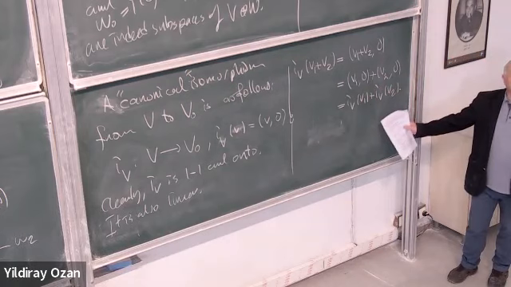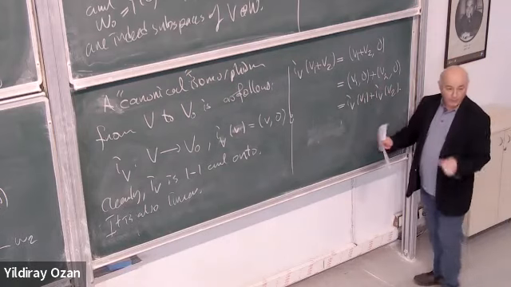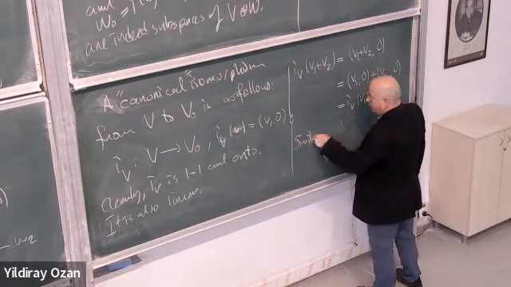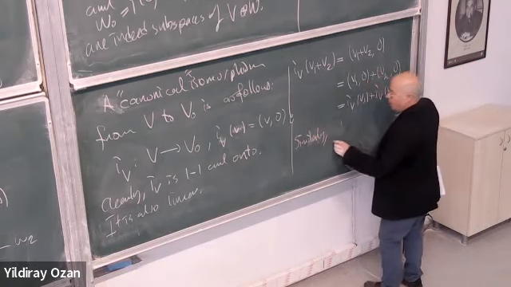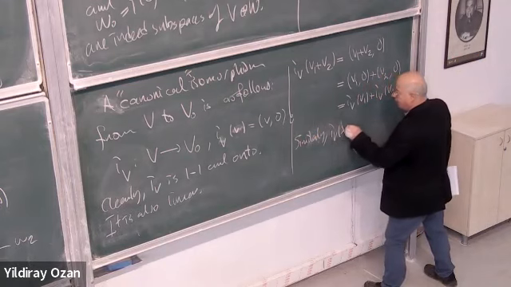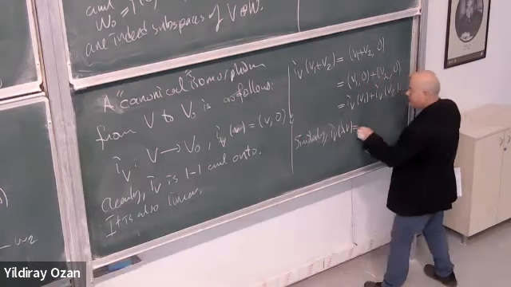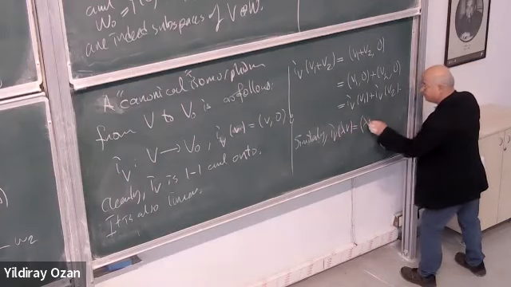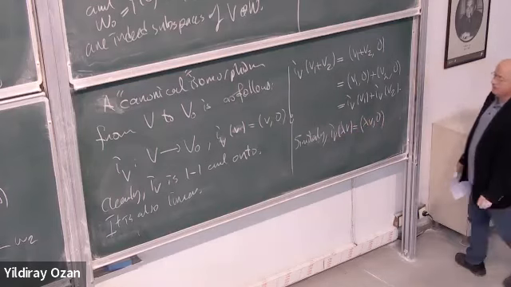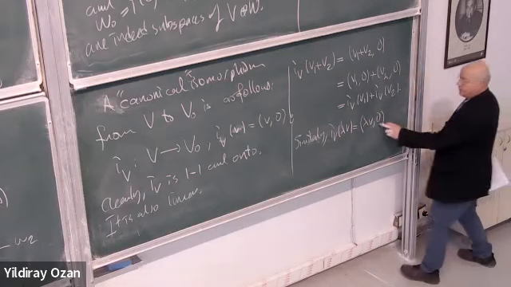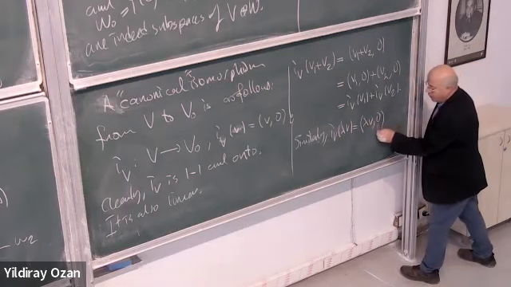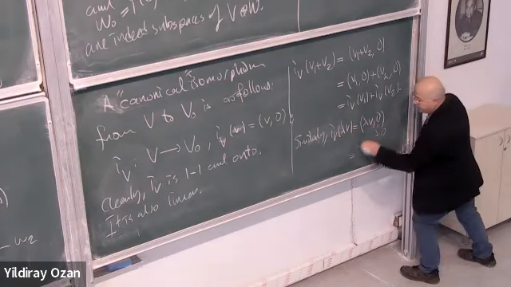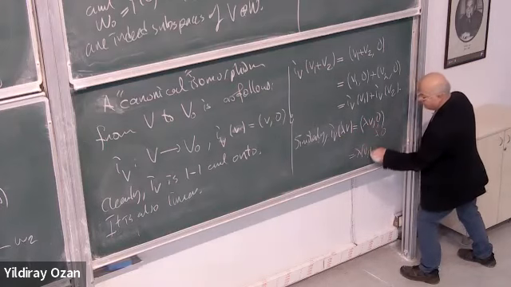This map respects vector addition. What about scalar multiplication? Similarly, i_V of lambda v. What is this? Well, by definition of this map, this is just this. But 0 is, of course, you can write it as lambda times 0, so that we can take lambda outside.